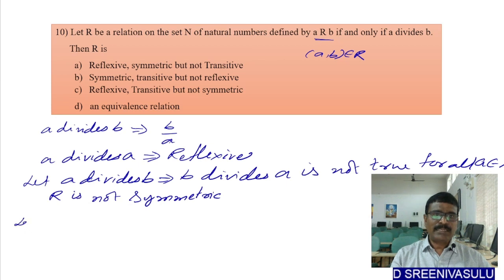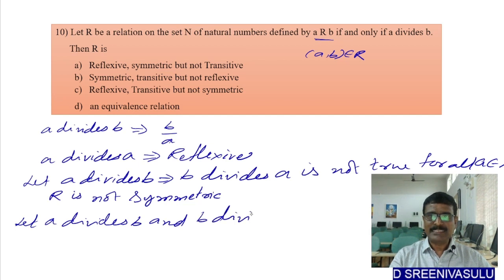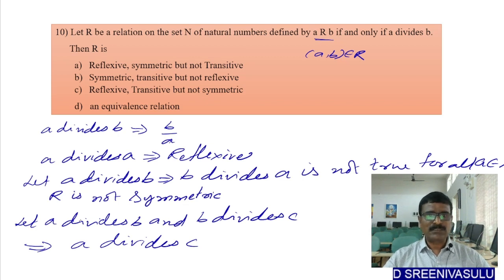Now, let a divides b and b divides c, which implies a divides c, for all a, b, c belongs to natural numbers. Clearly, we know that a divides b and b divides c means a divides c.